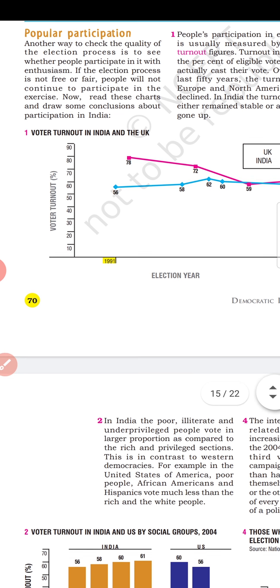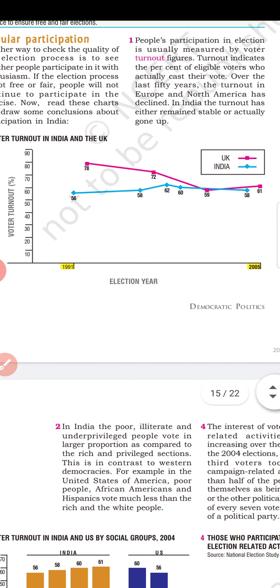Here one chart has been given, a comparative chart between UK and India, of the people's participation in democratic election. So here we see that in India, initially the participation of people was less in electoral politics in comparison to Britain.